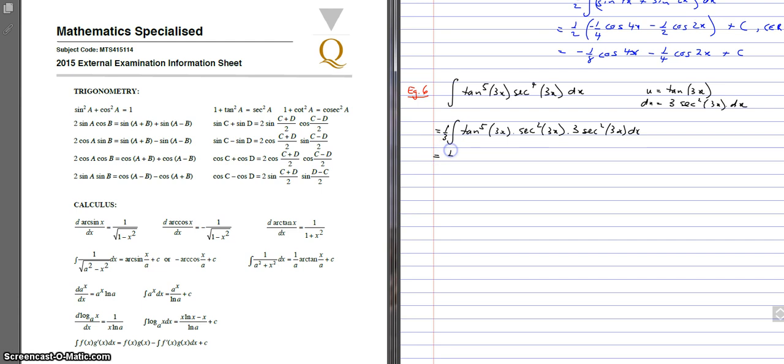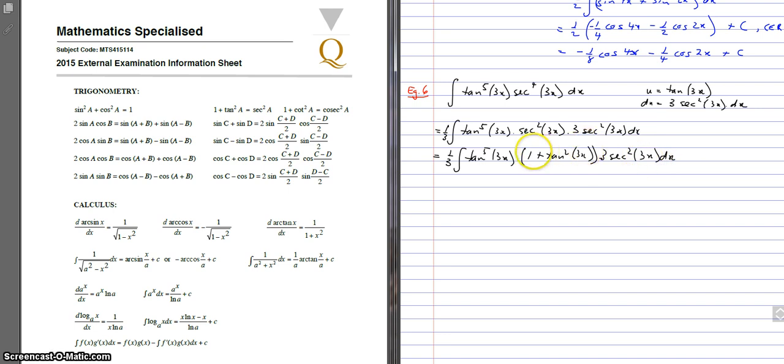Okay, so we've got 1/3 times the integral of tan power 5 3x times 1 plus tan squared 3x times 3 sec squared 3x dx.